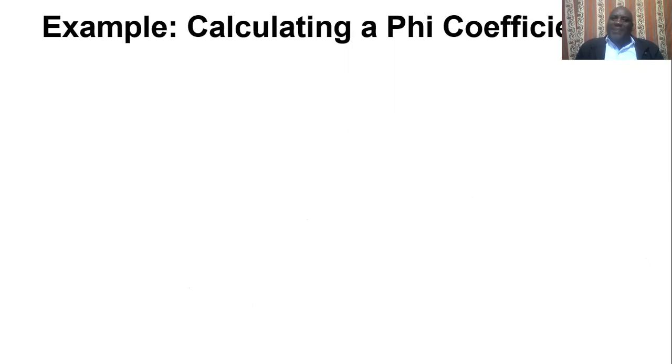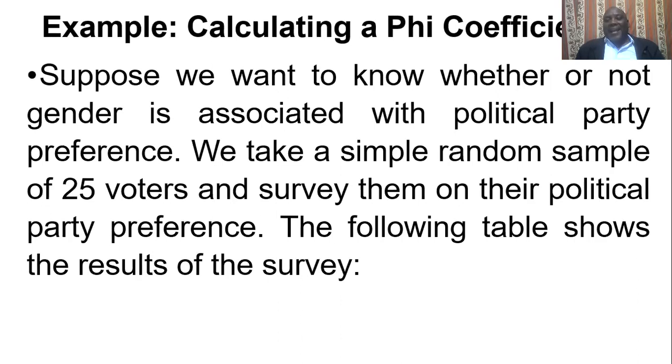Now, we have one example of calculating a Phi association. This one includes gender and political parties. You want to see whether there is an association between gender and political party. 25 voters were surveyed and their political party preference was noted.